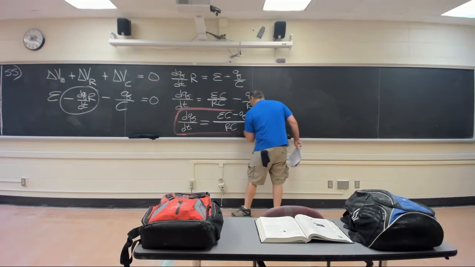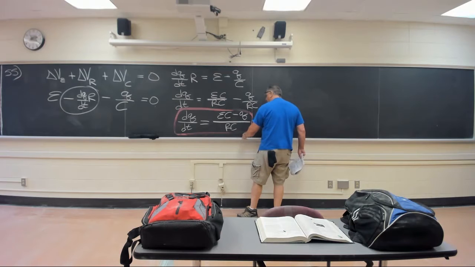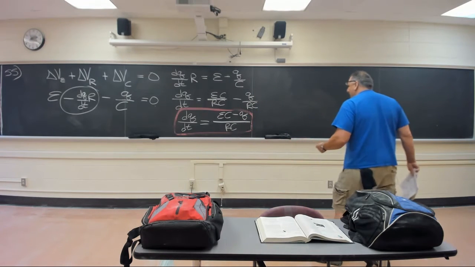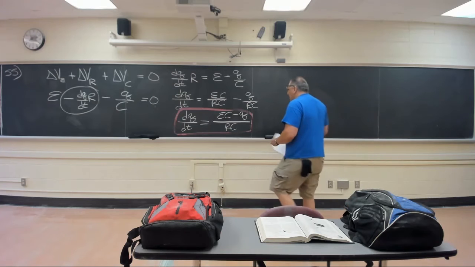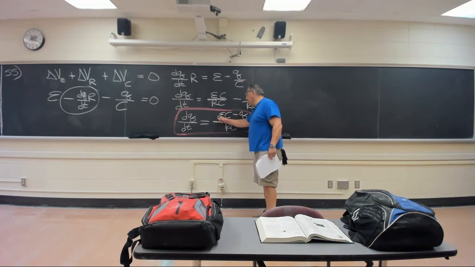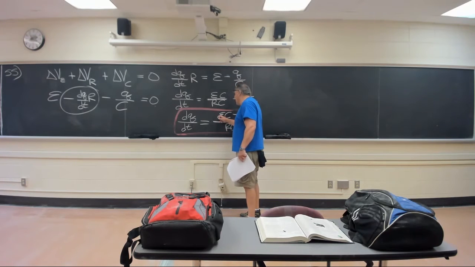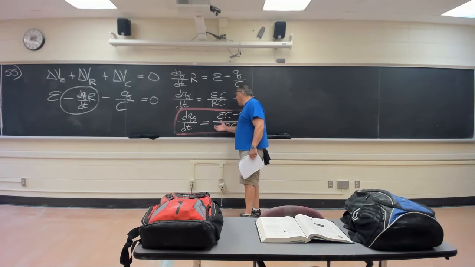Well, look, Q is the only variable here, and so is time. Time's a variable, and charge Q is a variable. The battery with potential difference epsilon or E. The potential difference of the battery is constant.